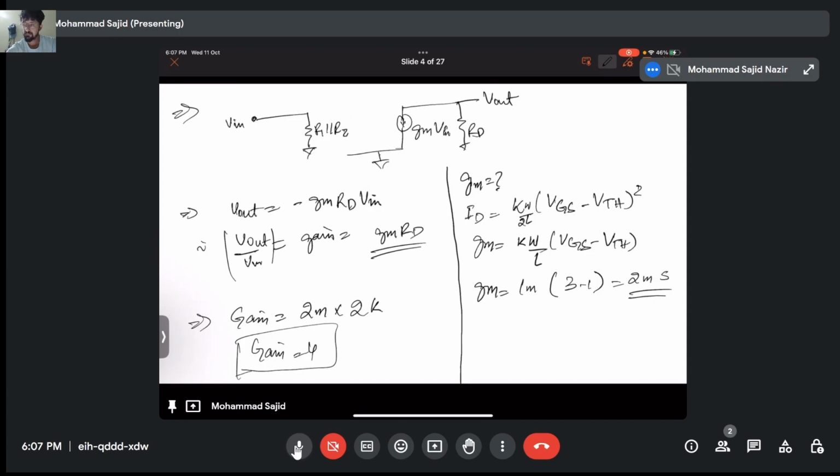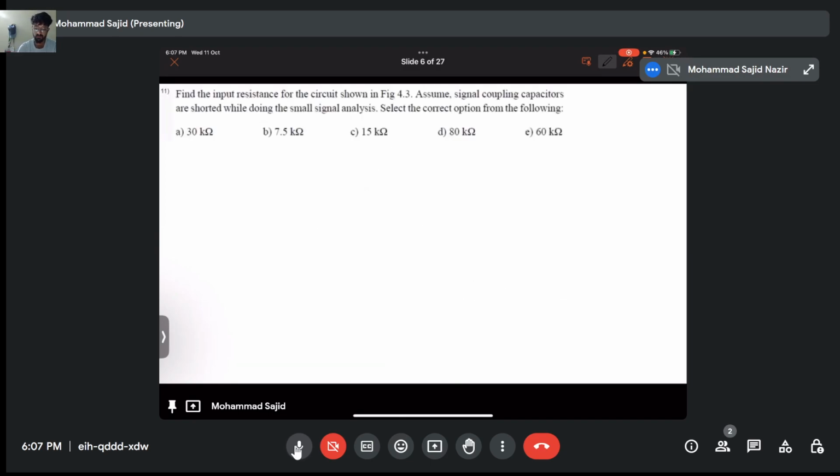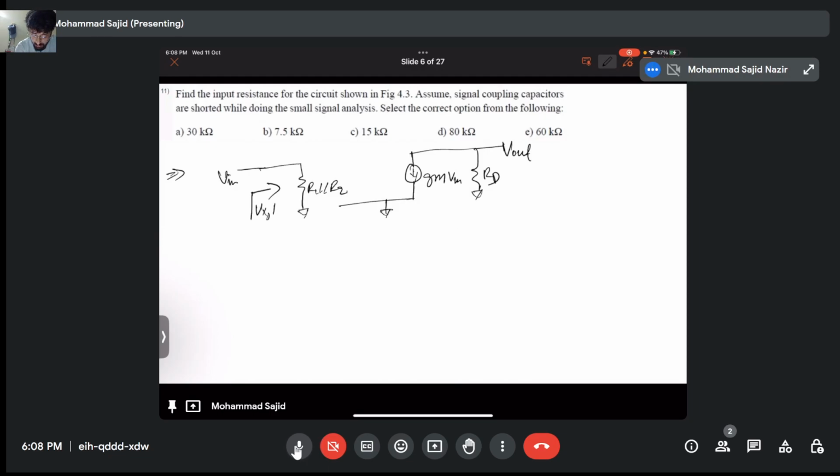And then next, again we need to find the input resistance of the circuit. So this was our circuit. How do we calculate input resistance? Connect the test source, Vx, right?